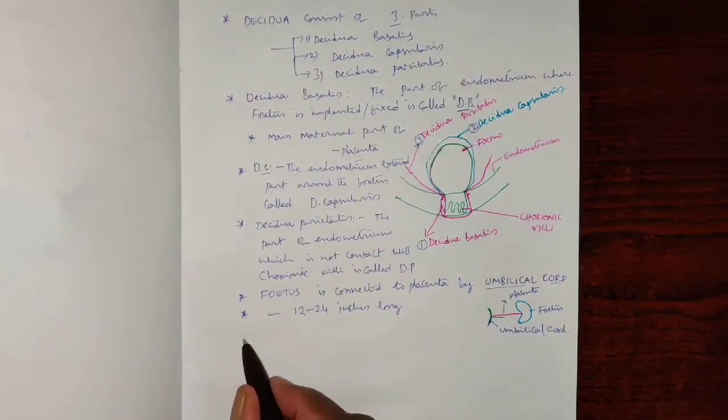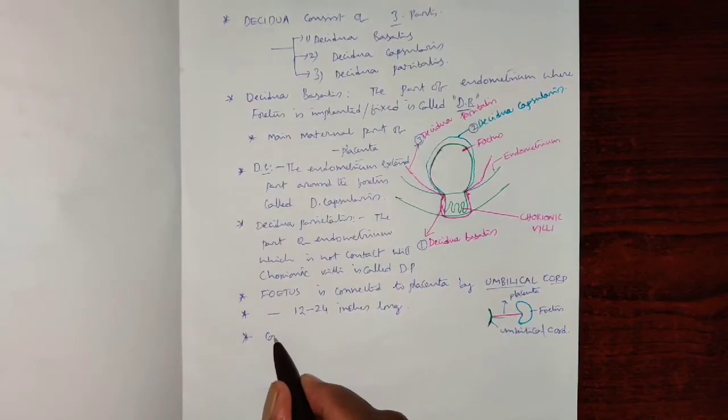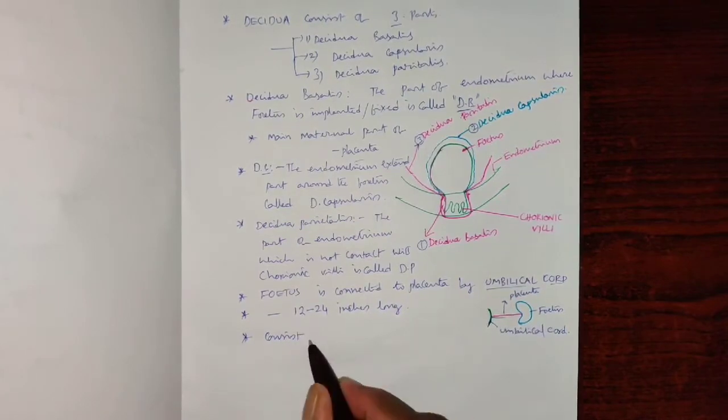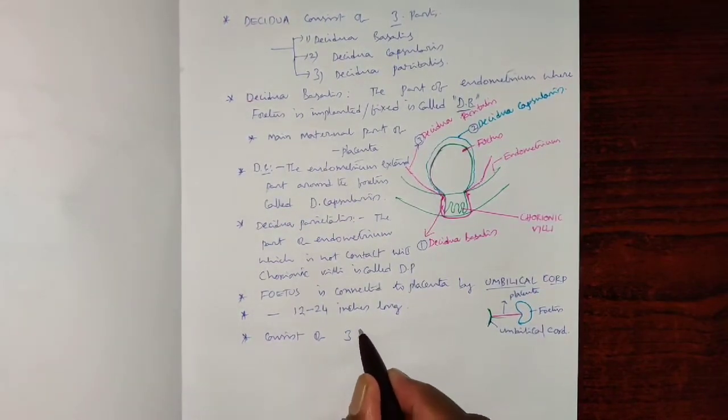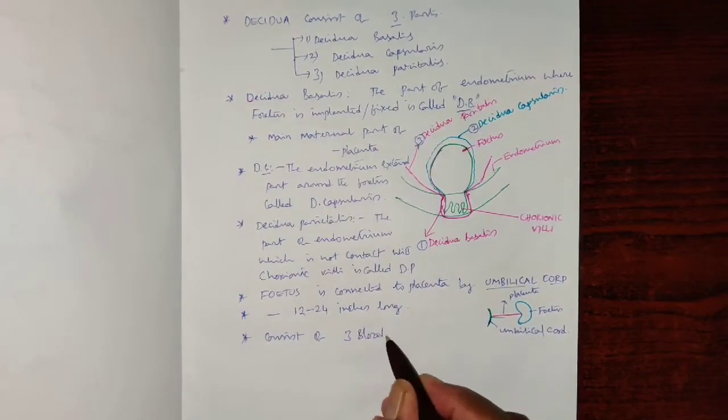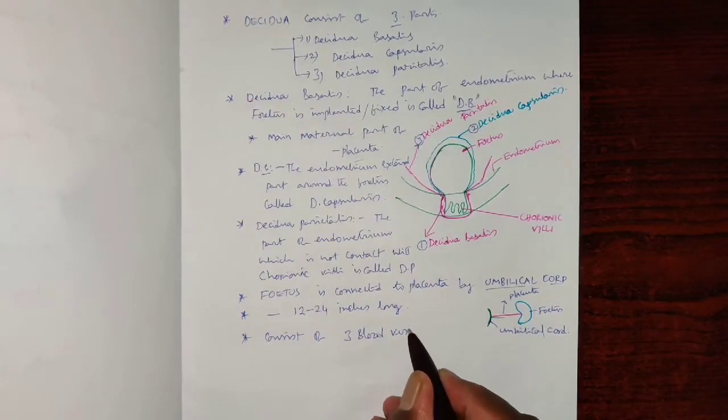The umbilical cord consists of 3 blood vessels.